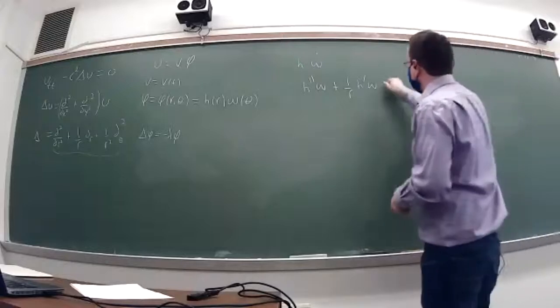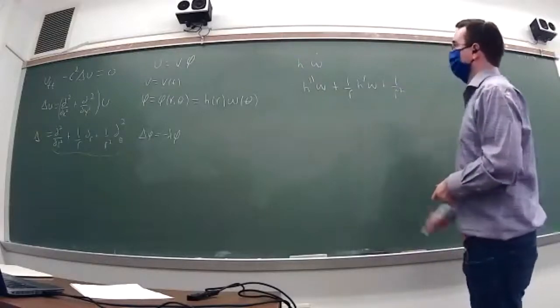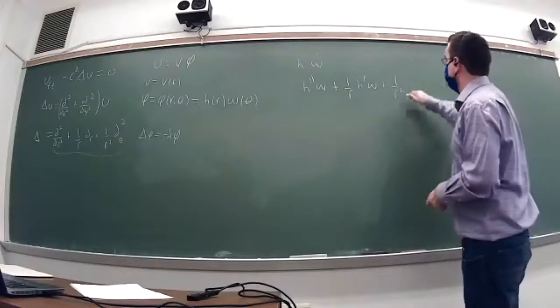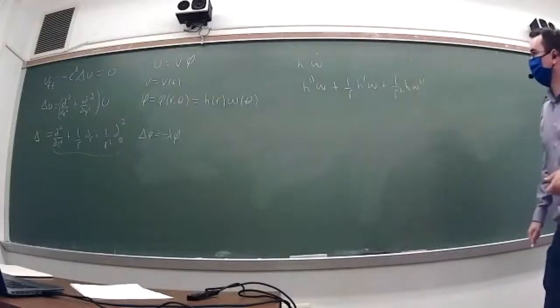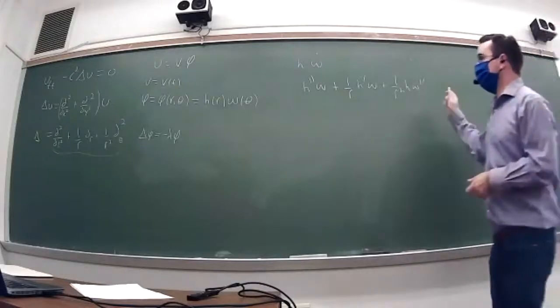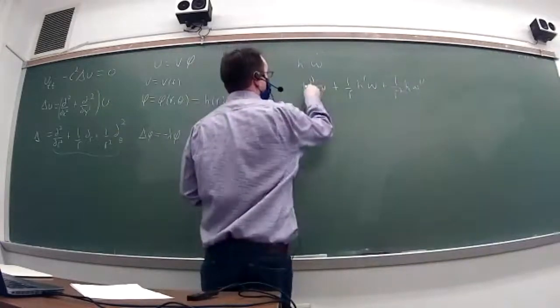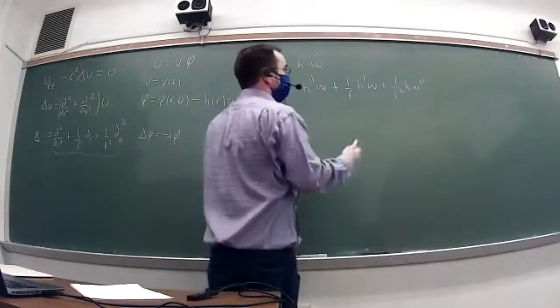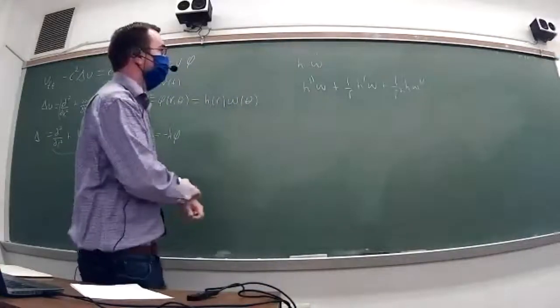And then I add to it 1 over r squared, and now it's d theta squared, so now this becomes h omega double prime. And I'm using this compact notation, which I hope isn't too confusing, but do remember that these primes are honest to goodness single variable calculus derivatives.